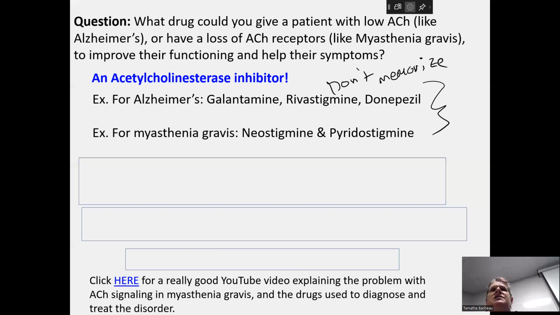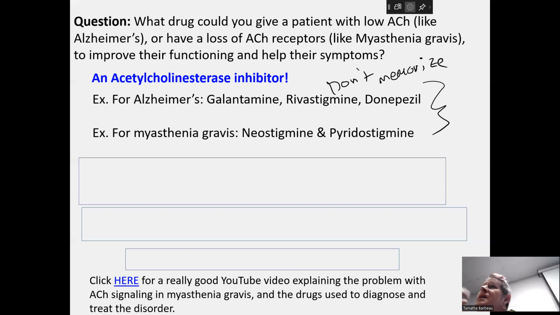Yes. You've got to watch these patients for a drop in heart rate, bradycardia. Do you think it increases acetylcholine in the smooth muscle of your bronchioles, leading to some bronchoconstriction? Yes. If a patient has myasthenia gravis and asthma, that's going to be a tricky one because you're going to provide extra acetylcholine for their skeletal muscles to work, but it might come with some bronchoconstriction. That might be a problem for them.